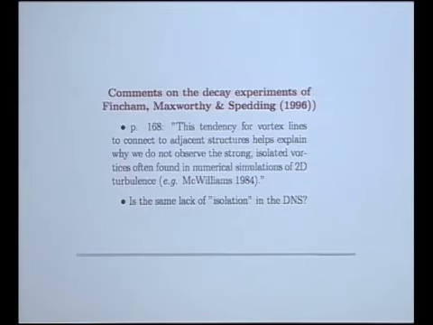But what conclusion they reached, in part, at least a speculation, they said that this tendency for vortex lines to connect from one layer to the other explained some aspect of stratified turbulence, which is not like two-dimensional turbulence. If you have strictly two-dimensional turbulence, and imagine these layers are independent, they can wander wherever they like. And in that case, they become very isolated, one far from the other.